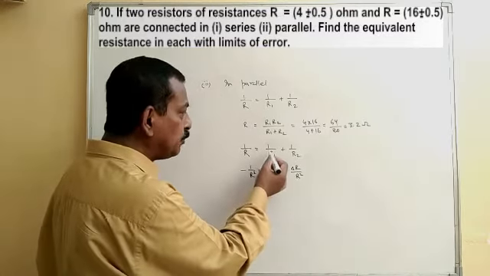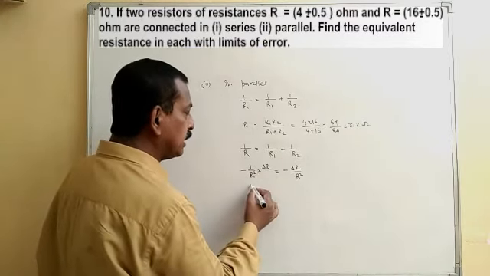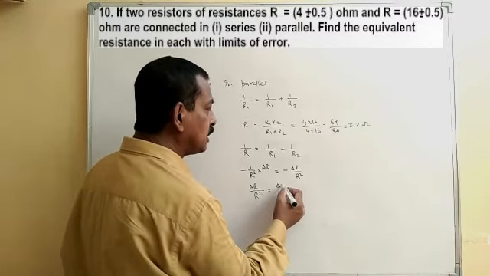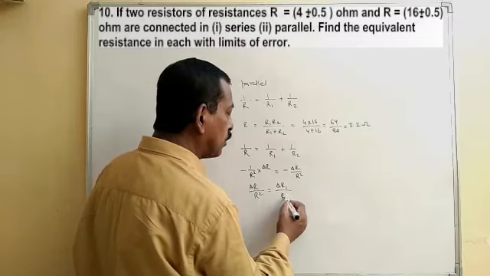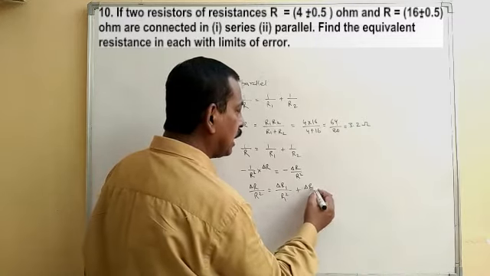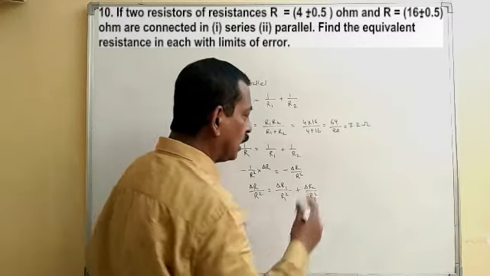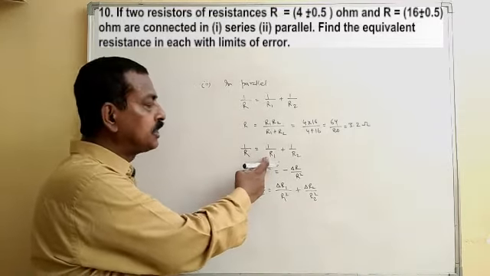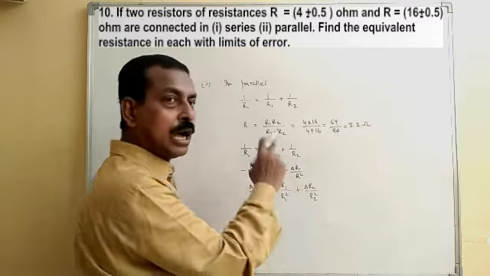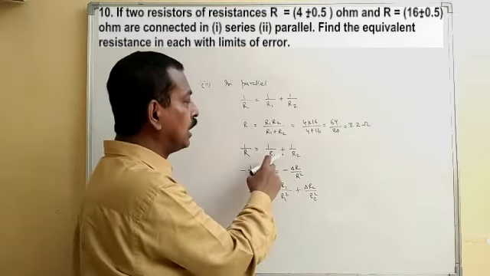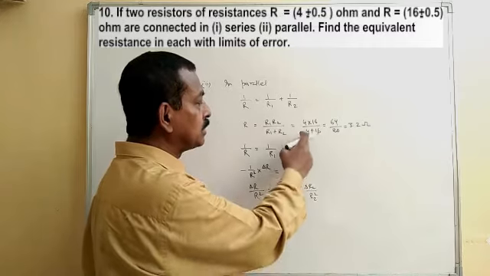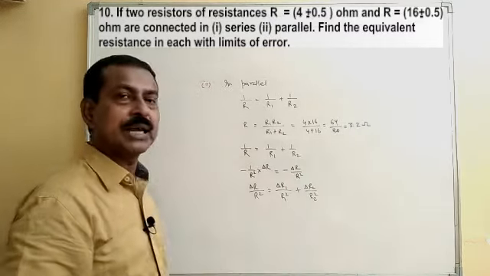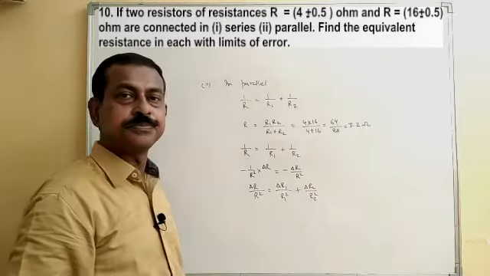In the same way, if you use it for the other terms, it can be written as delta R by R square equals delta R1 by R1 square plus delta R2 by R2 square. Just like 1 by R1, if you differentiate, it is minus 1 by R1 square into delta R1. This will give you minus delta R2 by R2 square. The minus term we can cancel. You will get this expression.